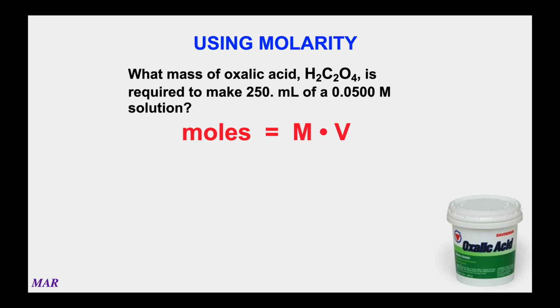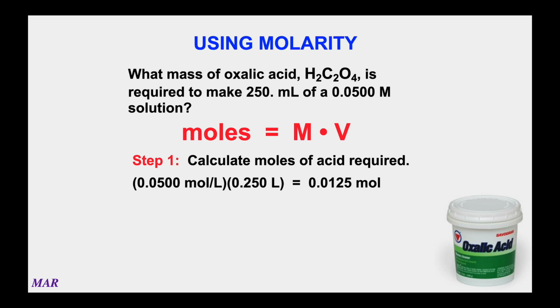And from the moles, you can use molar mass to find grams. So in this problem, I would turn the milliliters into liters by dividing by 1,000. You're going to do that a lot in this section. So 0.0500 molar times 0.250 liters. The liters on the bottom cancel the liters on the top.